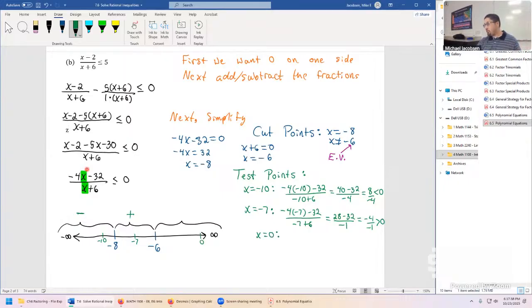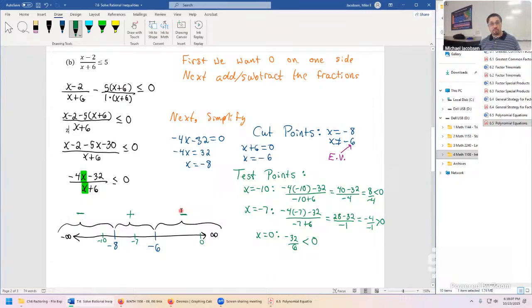If x is 0, then you'll get 0 minus 32, so just a -32 in the numerator. 0 plus 6, so just a +6. And it doesn't even matter what this comes out as. What is important, though, is that it's negative. It's a negative divided by a positive value. So it's less than 0 for negative. That means in this entire region, it's always going to be negative no matter what.